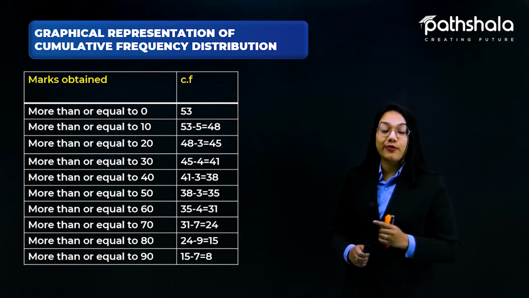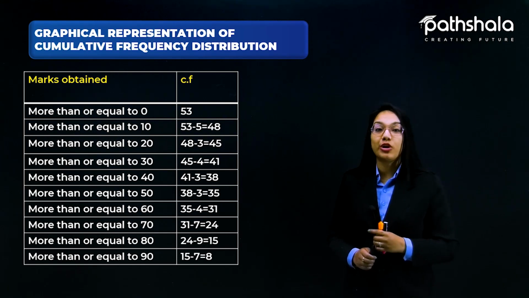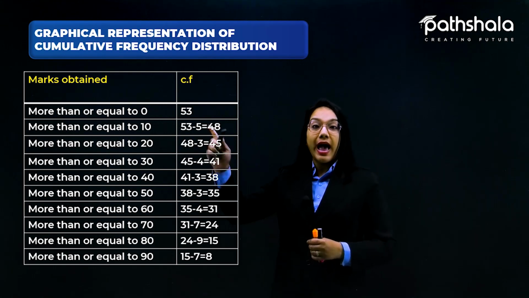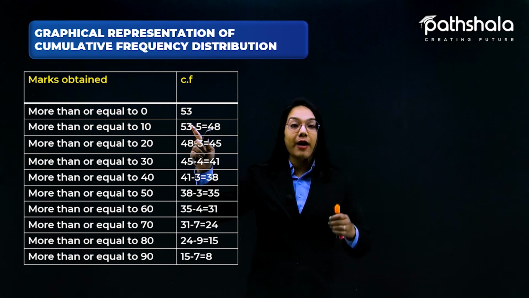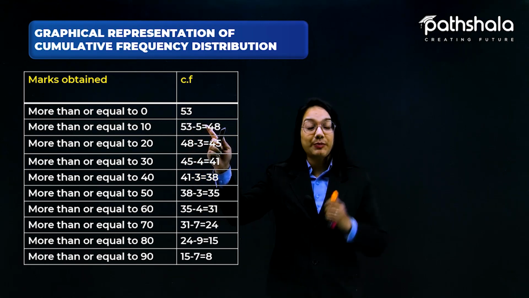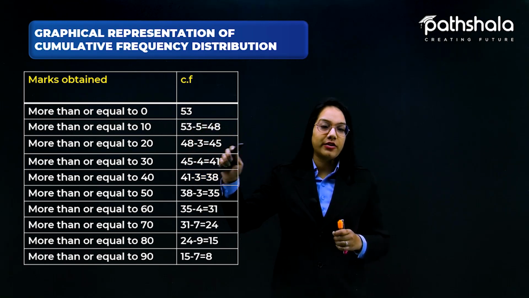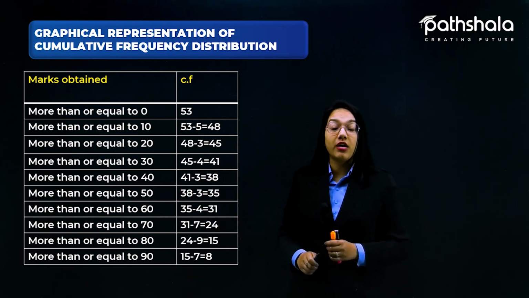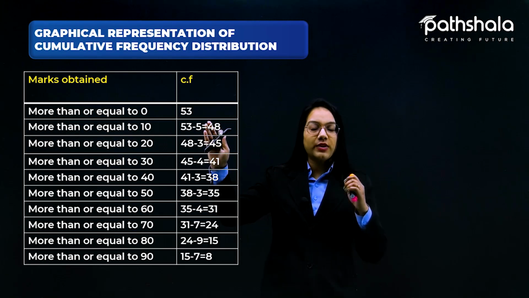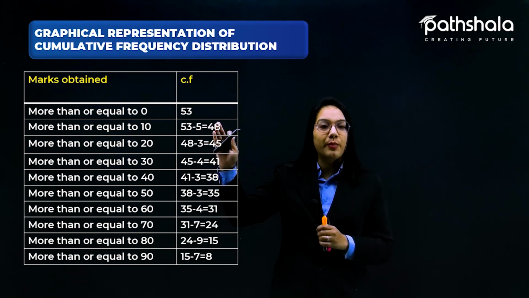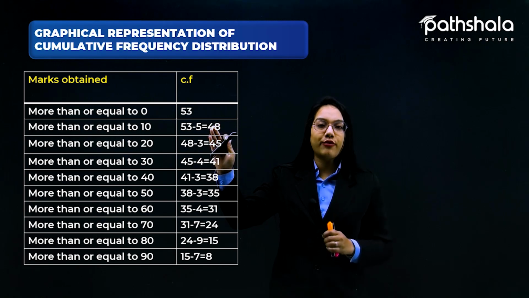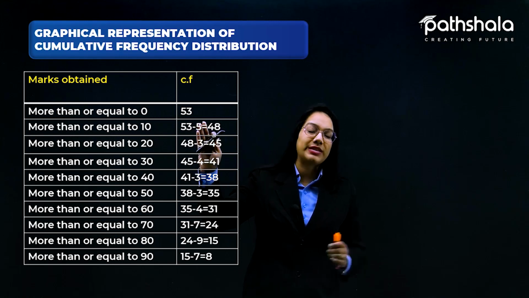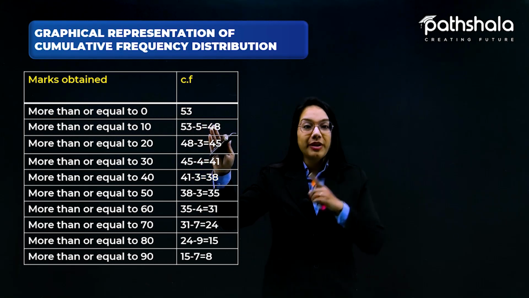For the more than type case, we have to find the cumulative frequency in such a manner. We start with the sum of all the frequencies, 53, and then subtract the respective frequencies. If you compare this question with the previous one, for the first case of a more than type question we take the sum of the frequencies as 53.